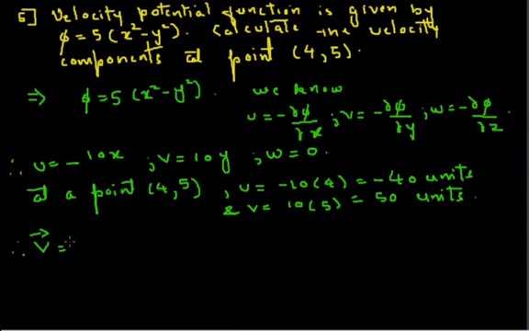Generalized velocity vector you can write for this flow as minus 10x i plus 10y j.